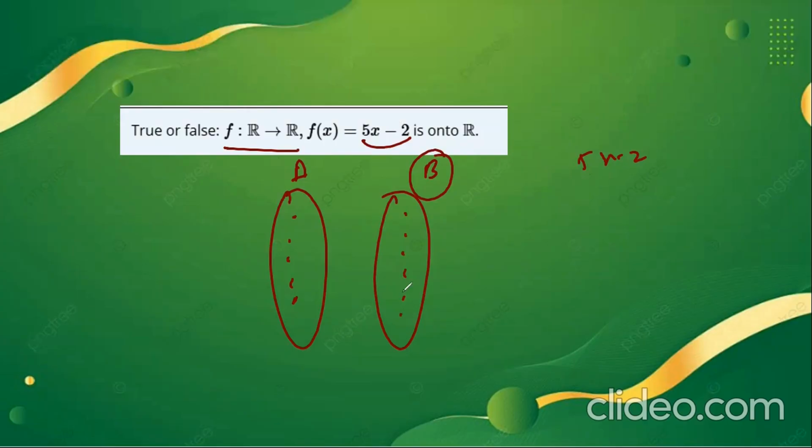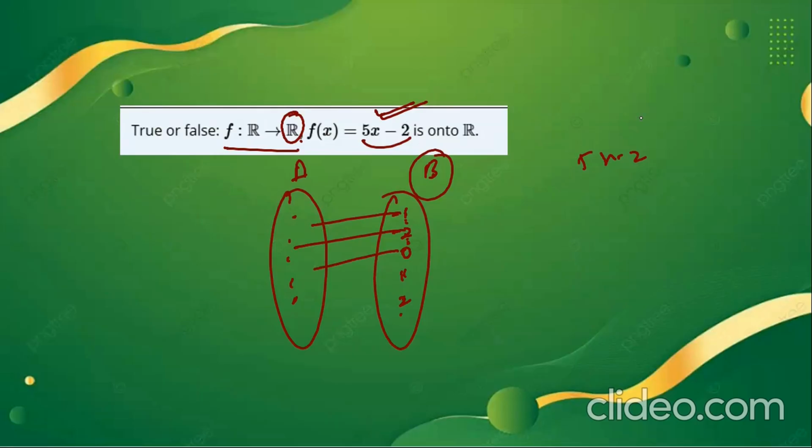The second set is also R, that is, real numbers, so you have the integers, and the decimal values and fractions in between. All are fixed, because as you put in a real number, you will obviously get a real number in this particular function. So yes, we can say it is an onto function because every element of B is fixed with some input, right? So it is onto.